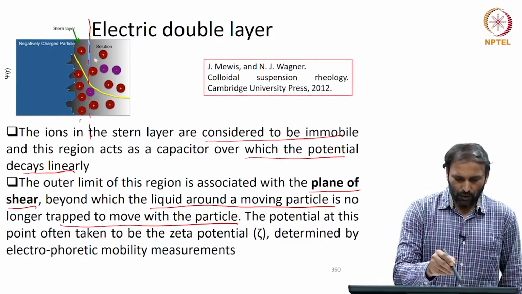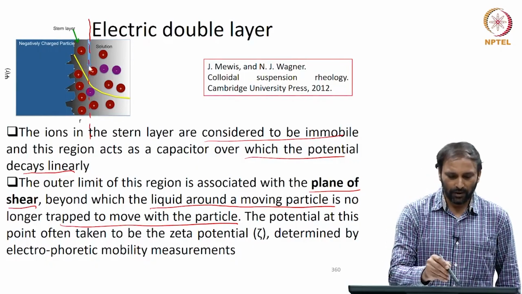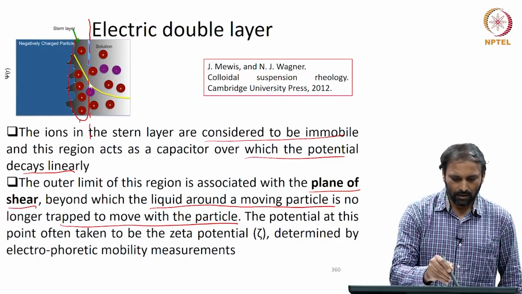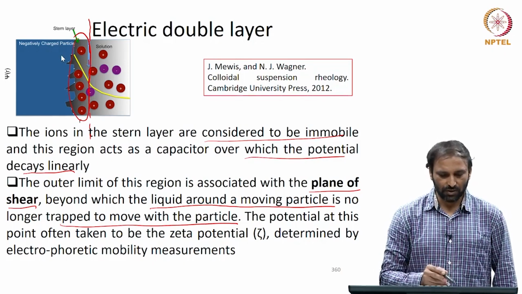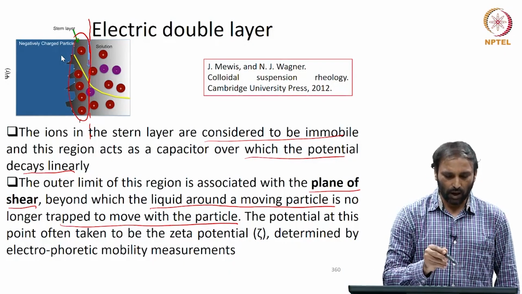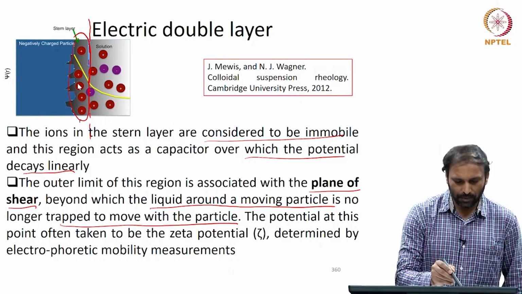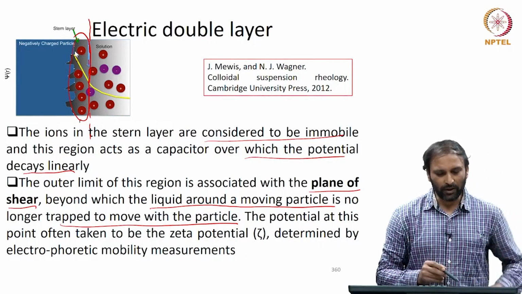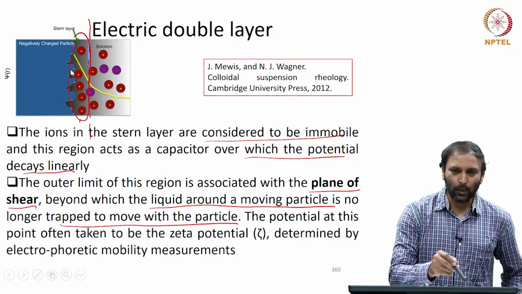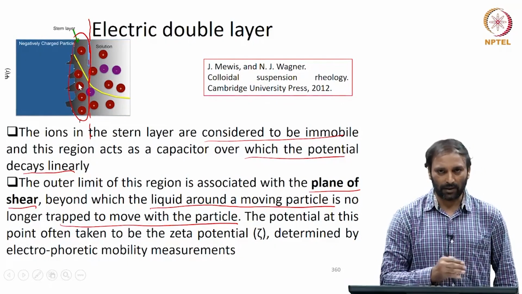So if you look at the configuration of the charged particle and the solution next to it, there is a Stern layer, where the counter ions are strongly bound to the charged surface, and of course there will also be some liquid in the Stern layer. Now when the particle moves, whatever liquid is trapped in the Stern layer will also move along with the particle.